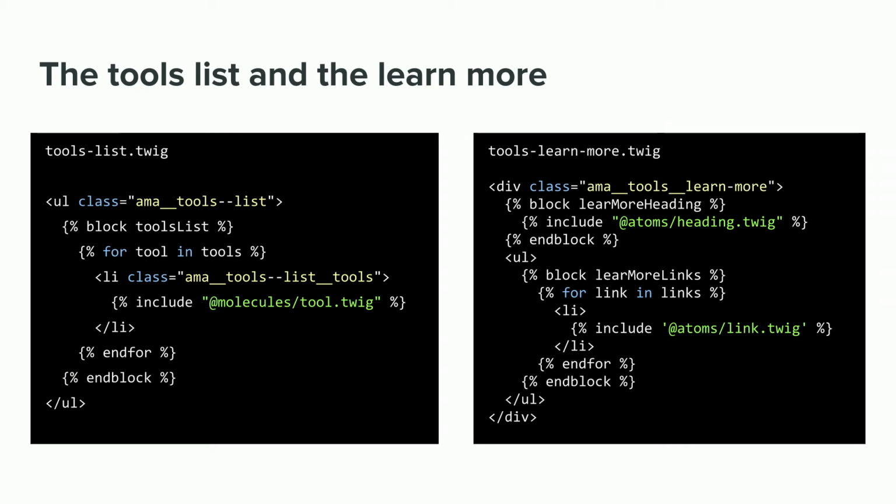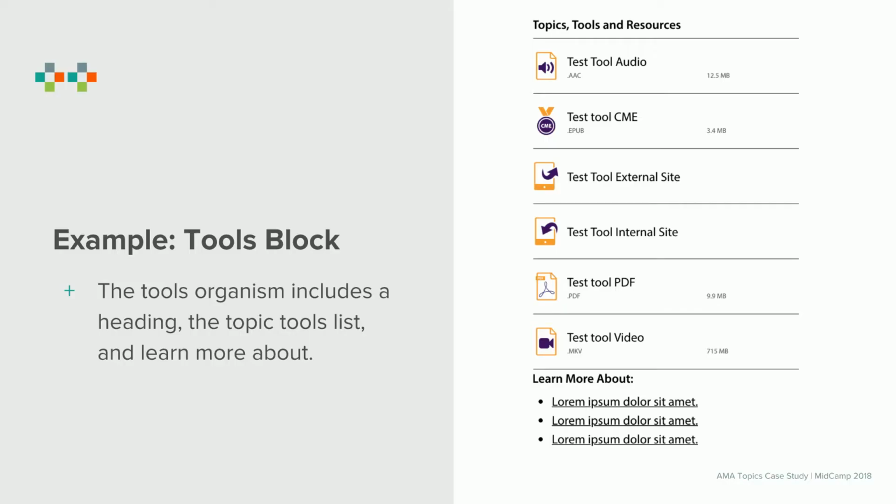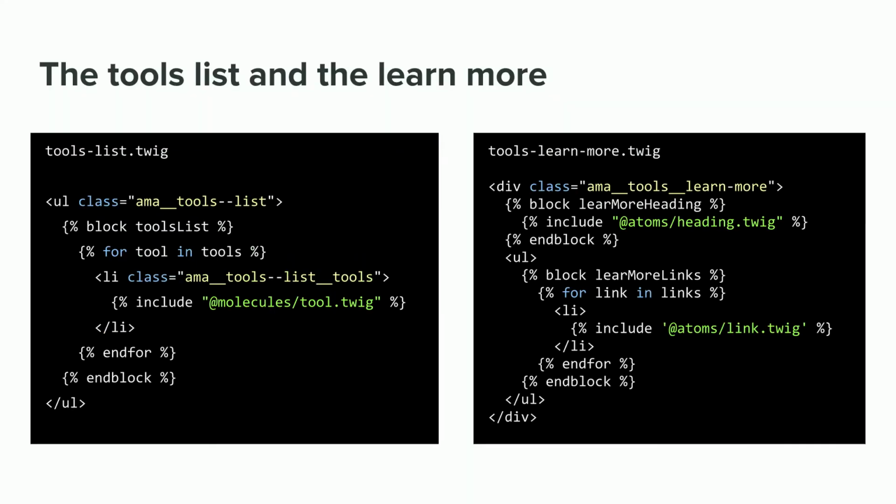If we dig into the things that are actually the meat of that, these are the twig files that populate the molecules within that. Again, still pretty straightforward. If we're looking at the tools list, those icons with a title and some metadata, we're just looping them through an LI. We're including a little bit of configuration there around the tool to format the icon and everything separately.